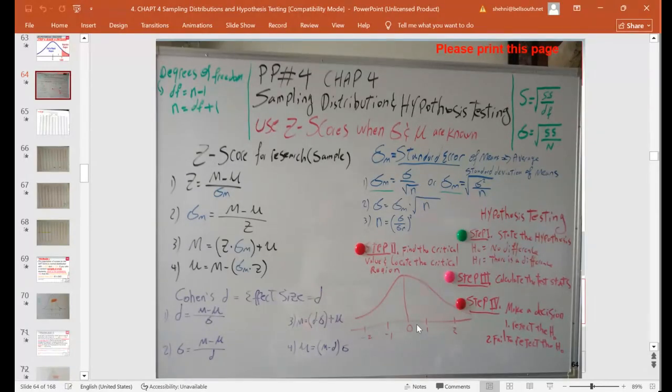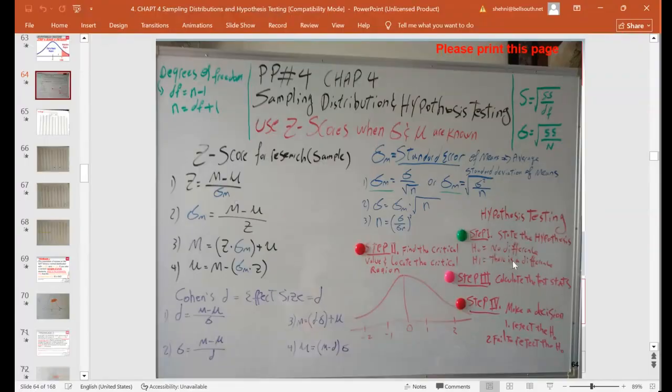And for hypothesis testing, it is right there, and then on top in blue, how to calculate the standard error, either of those two formulas. You calculate it, then you put it right there in the z-score on the left in blue.